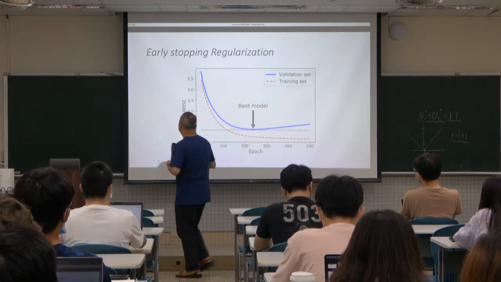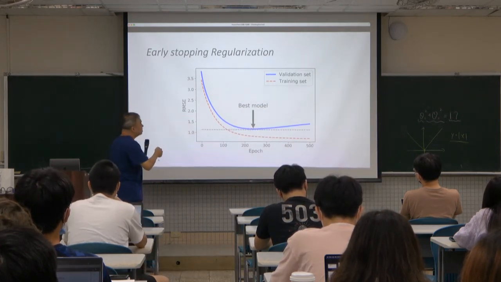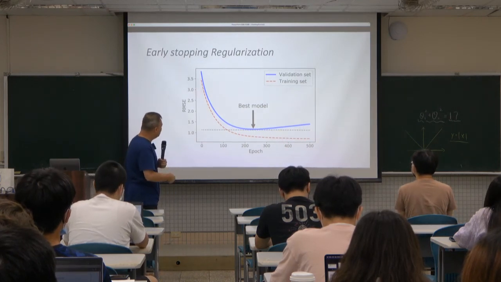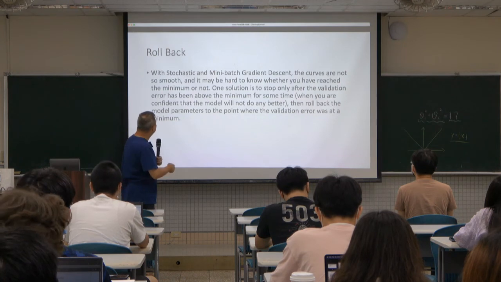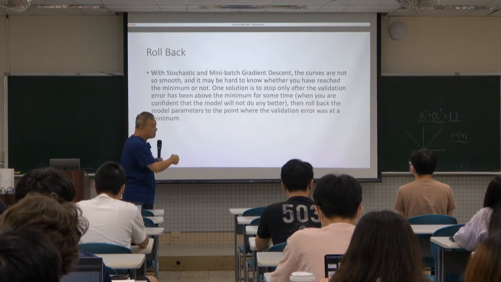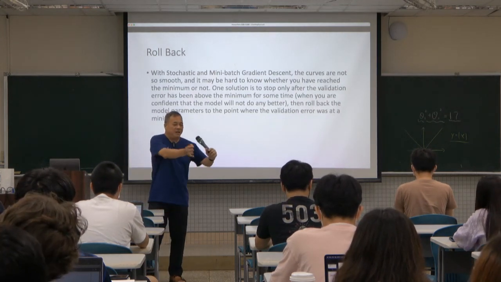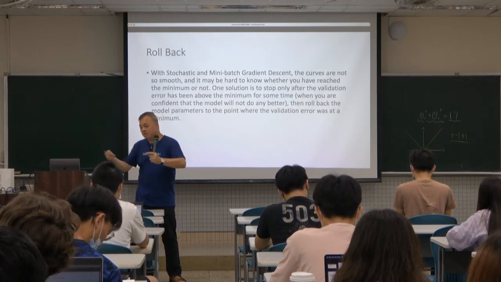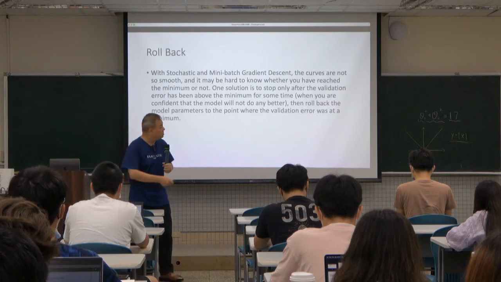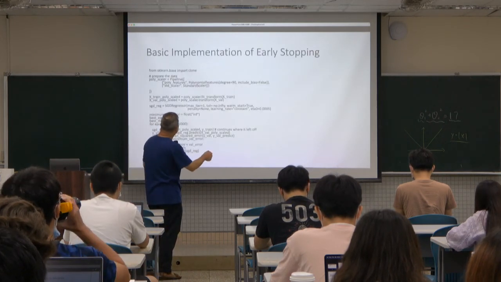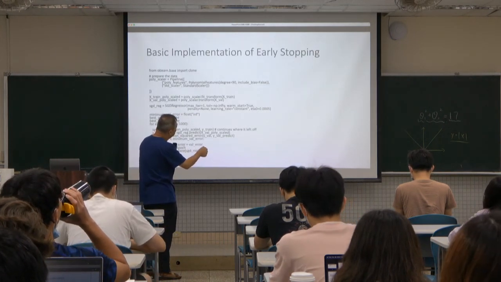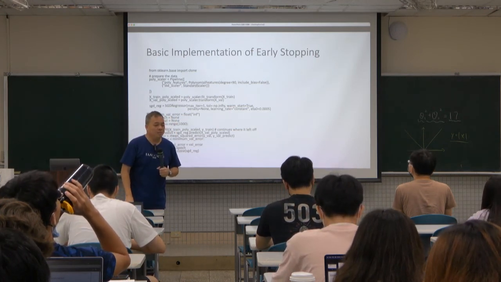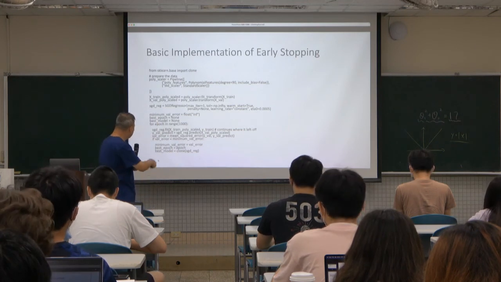For linear regression, the implementation of this rollback is just copying the model with the best performance back. That's called rollback. So this is the implementation of early stopping on linear regression and polynomial regression. This is just an example.